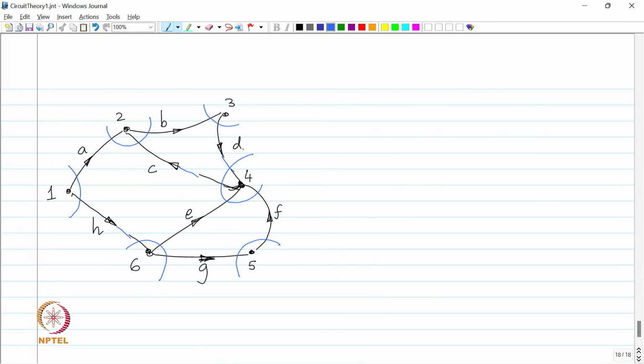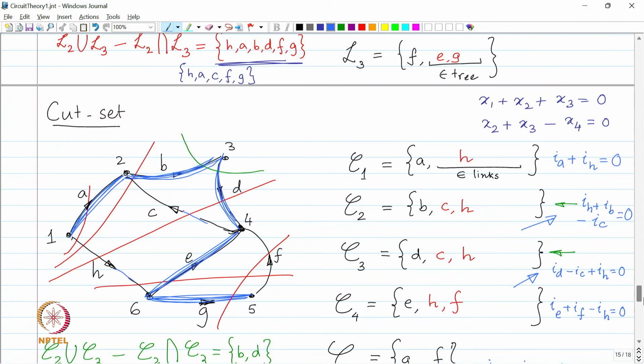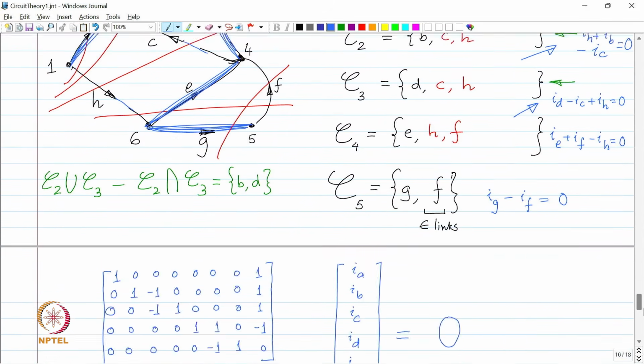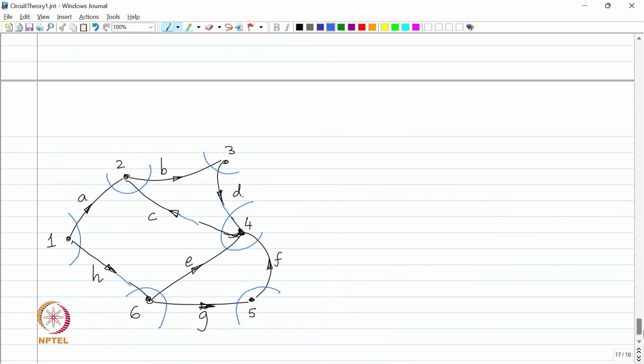Now, let us forget the tree for a bit. These cut sets are not related to the tree anymore. They could be. For example, one of these cut sets made its appearance earlier also, AH is still there.